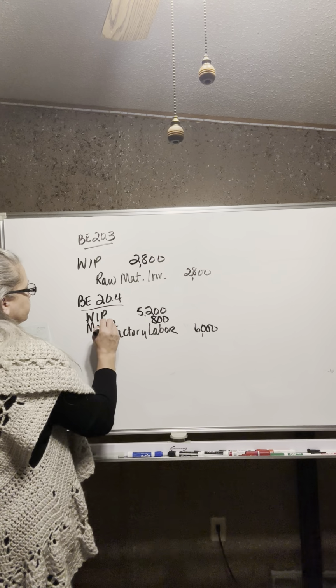Oh, I messed up on the first one. Hold on. 20.3. So this is what happens when you guys aren't in front of me. When you looked at 20.3, you had the 3 jobs totaled up to be 2,800, but you requisitioned out $3,400 worth of inventory. Again, this is direct.